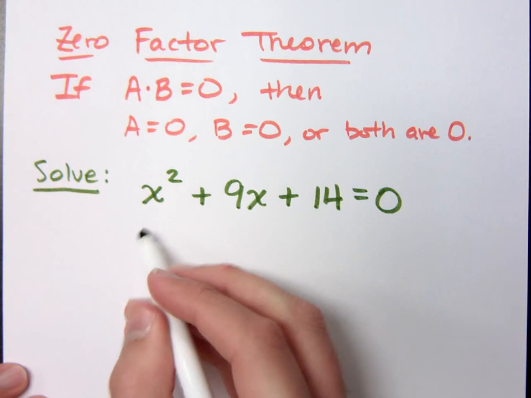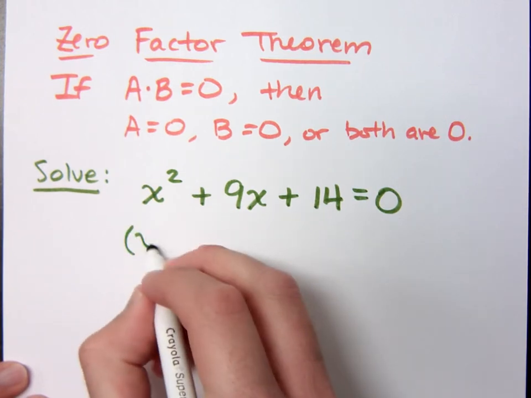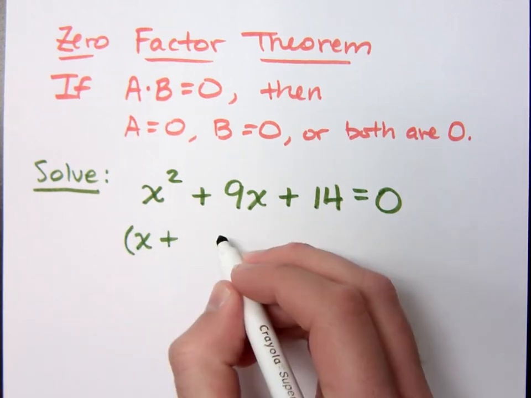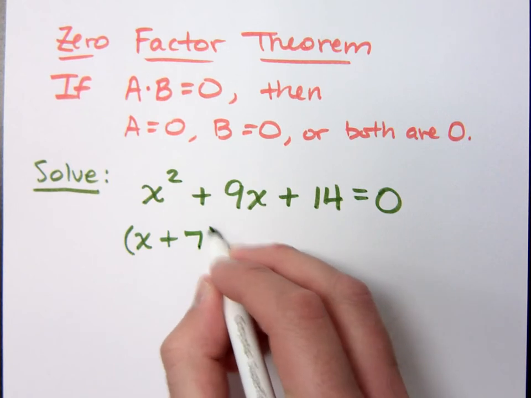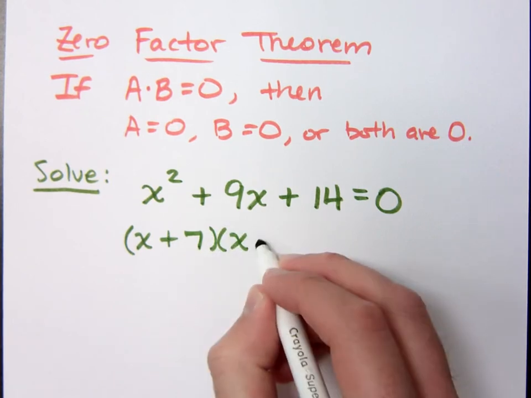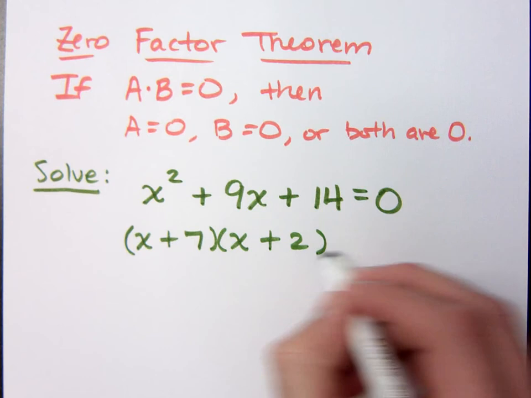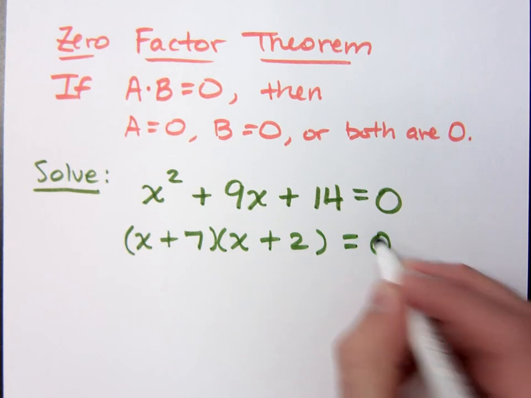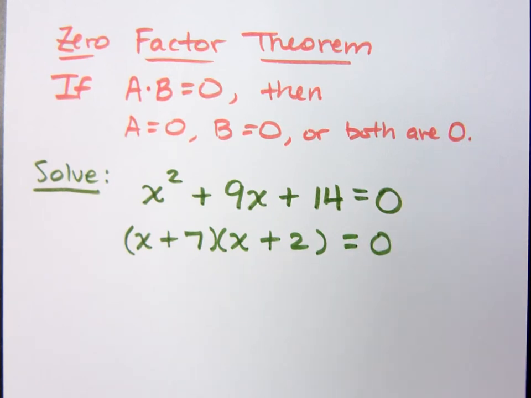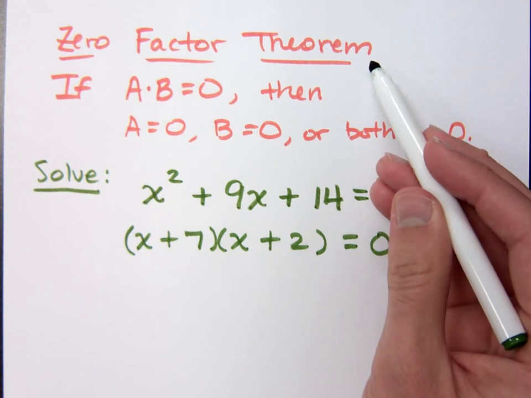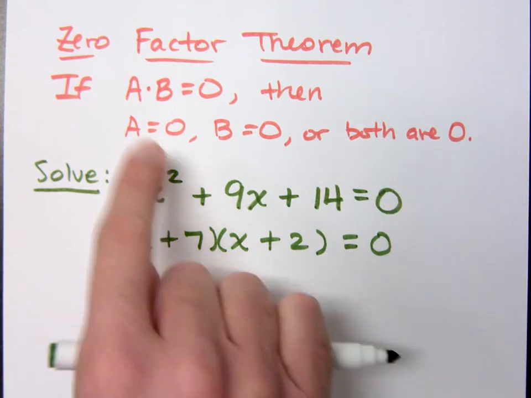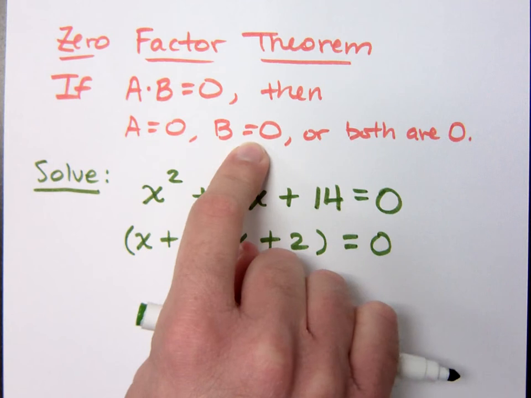How does this factor? x plus 7 times x plus 2, and this is equal to 0, right? Now the theorem part, this is the last word. The theorem is where I take each factor and I set it equal to 0.